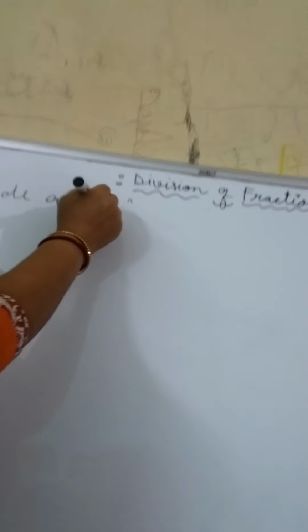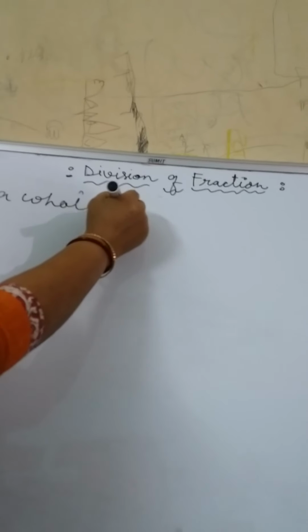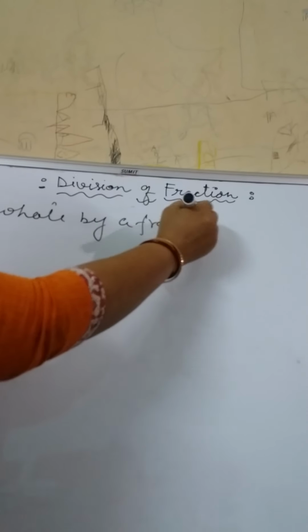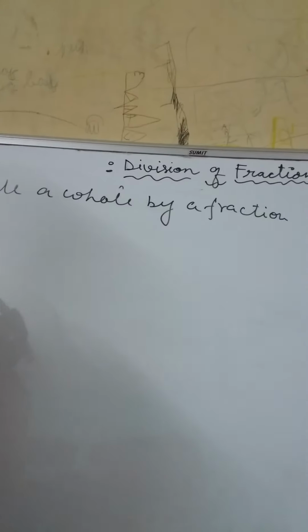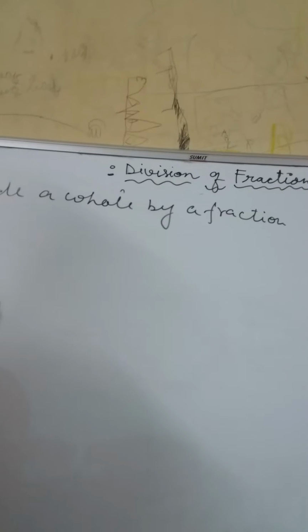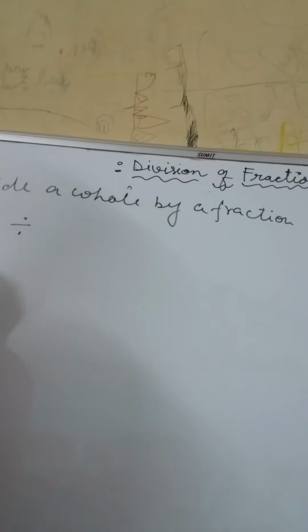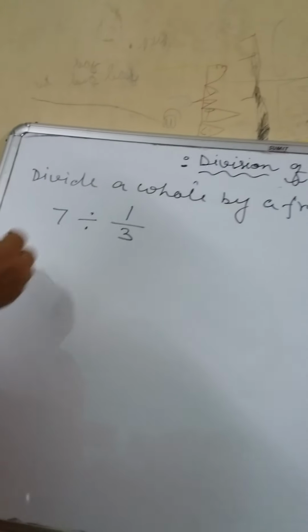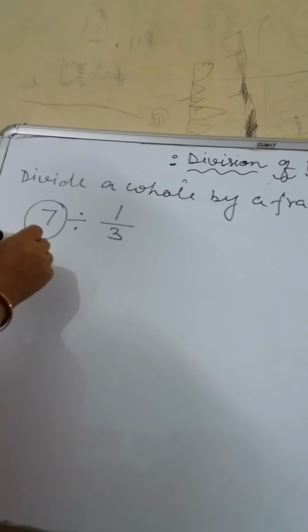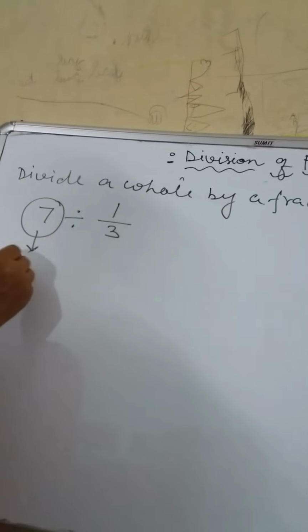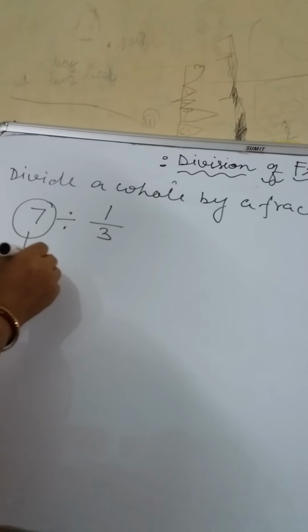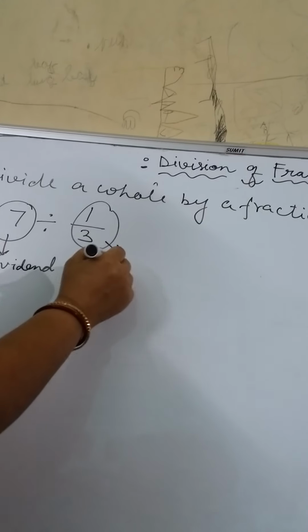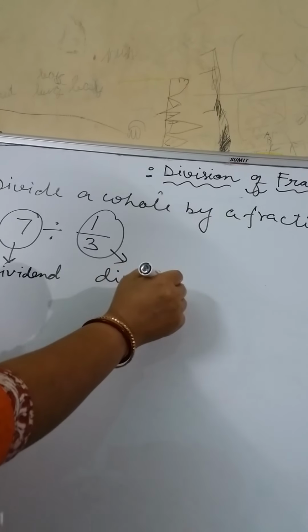Take any whole number, say 7, and divide it by 1 by 3. So this is the dividend and this is the divisor.